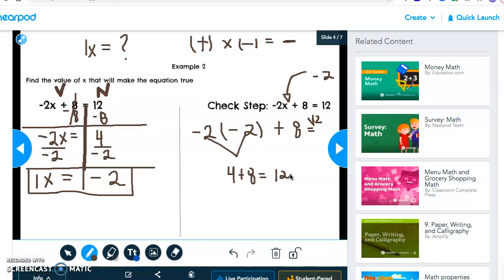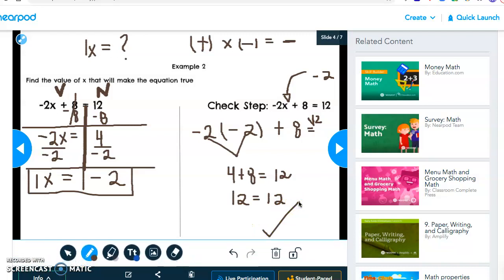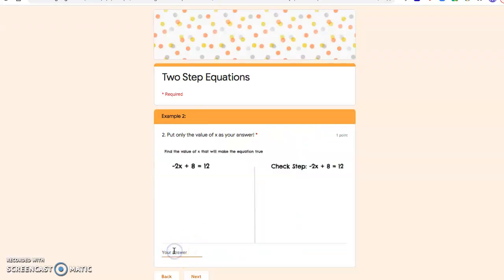Okay, and now we get 12 equals 12. So we know that we are correct. Done. So what you would do is you go back, and our answer here is negative 2, and that is what we put.